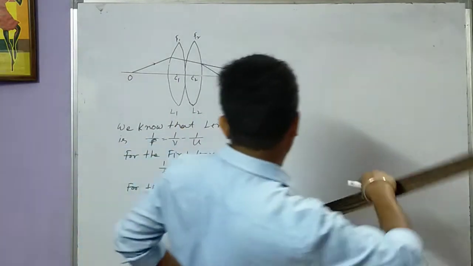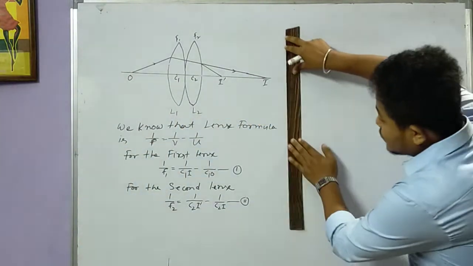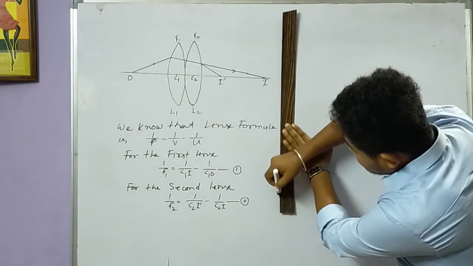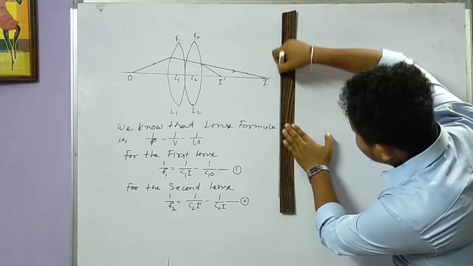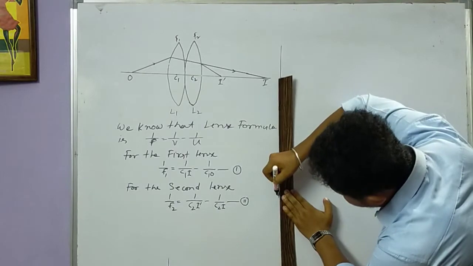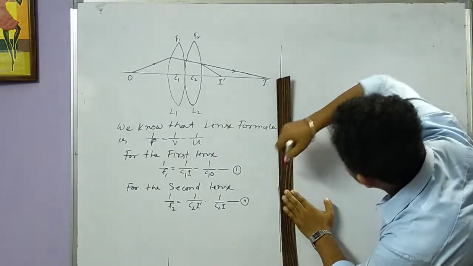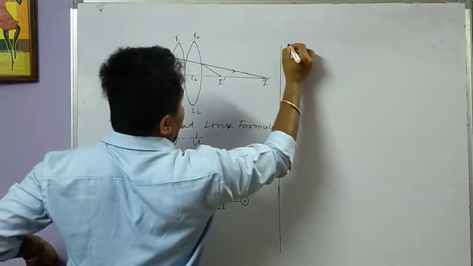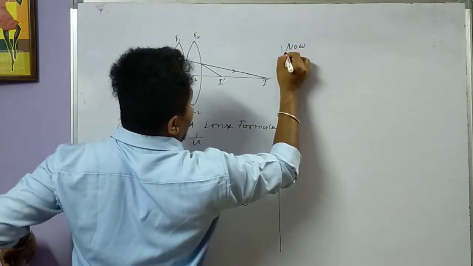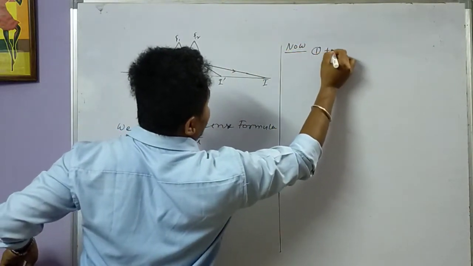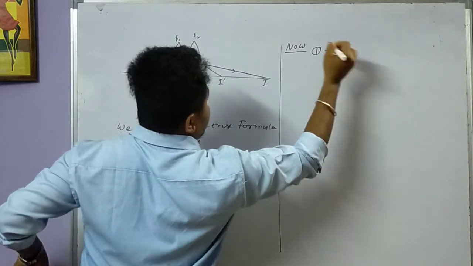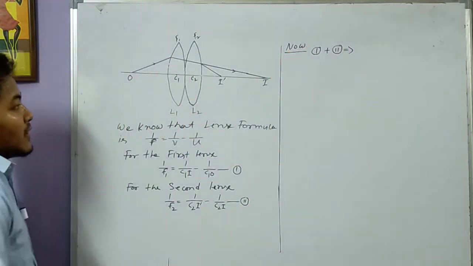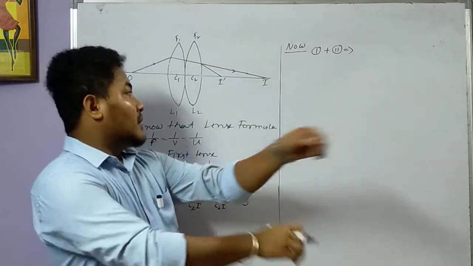Now, if I add 1 and 2, we find: if I add equation number 1 and equation number 2, what will be the outcome?